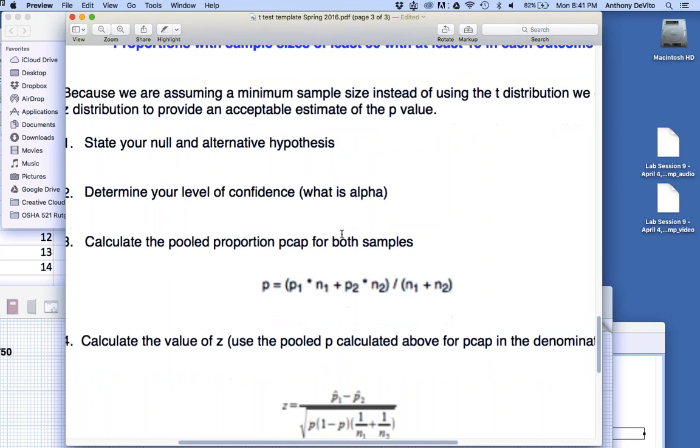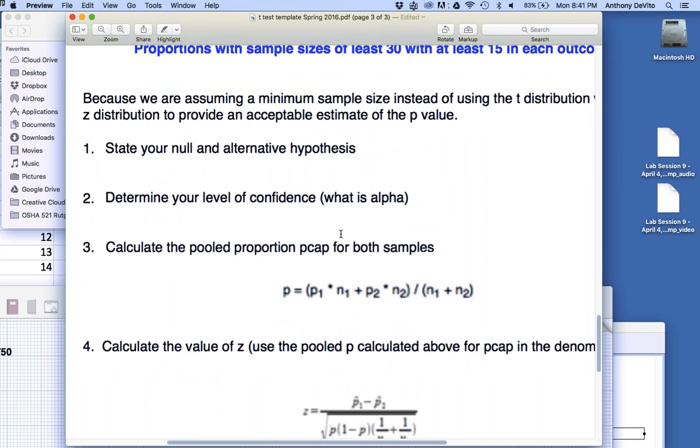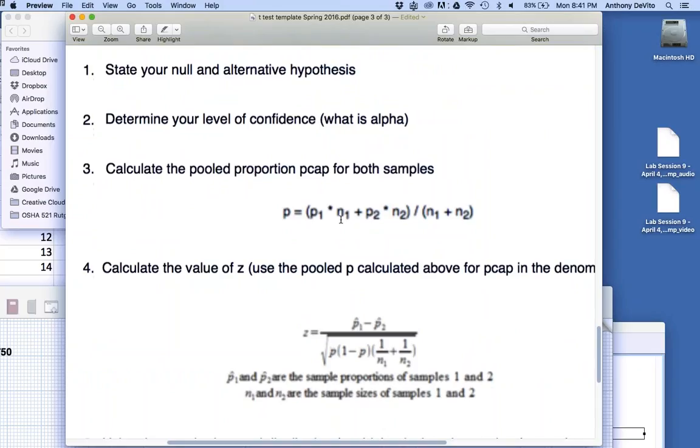Now, how am I going to resolve this if I do it by hand? Well, the first thing I need is to calculate a pooled proportion. P1 is 20%, N1 is 100 people. P2 is 15%, N2 is 100 people, divided by 100 plus 100, 200 people.